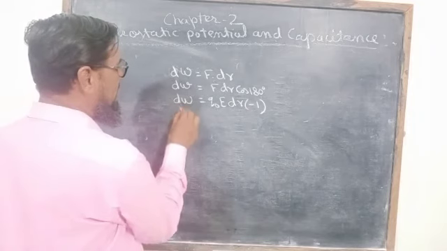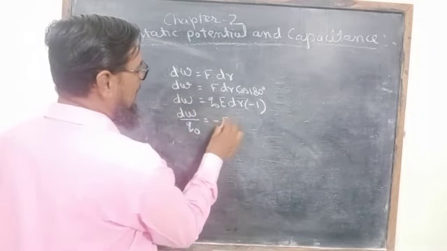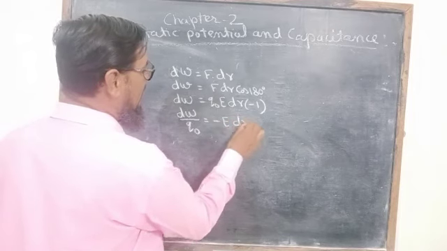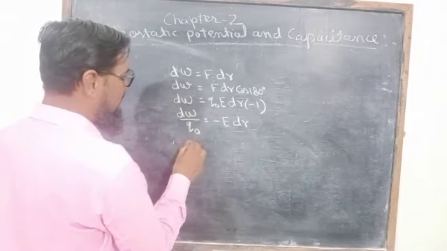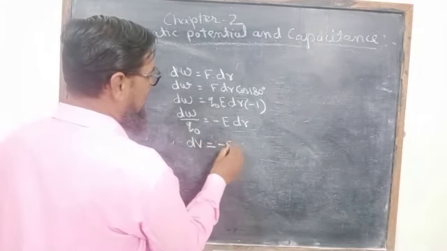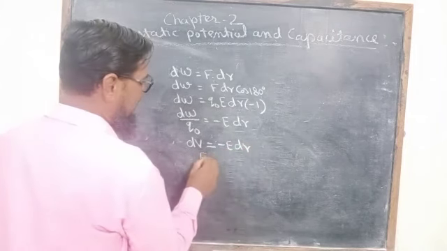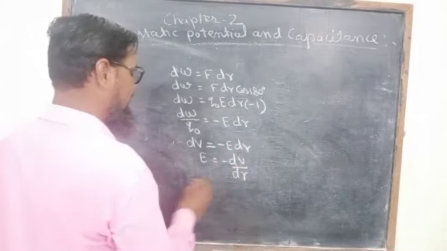So dW upon Q0 is equal to minus E dr, and dW upon Q0 is the changing potential. dV is equal to minus E dr, or E is equal to minus dV upon dr.